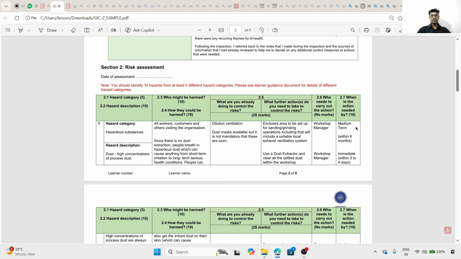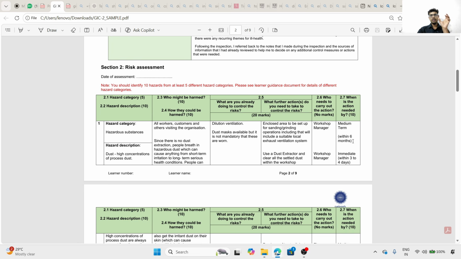Immediate means a few days. The medium term is from weeks to a few months, and the long term is months to years.